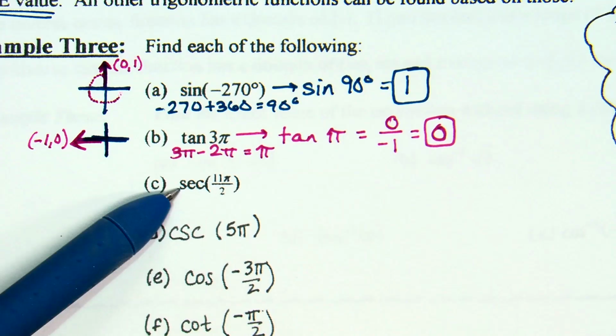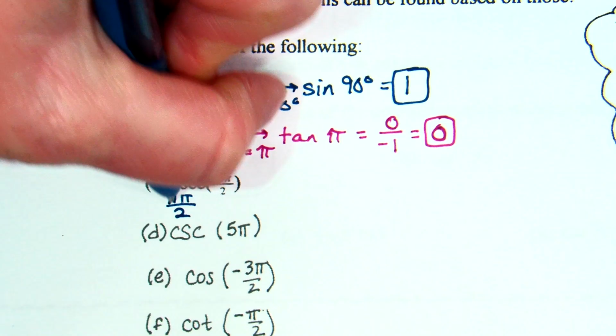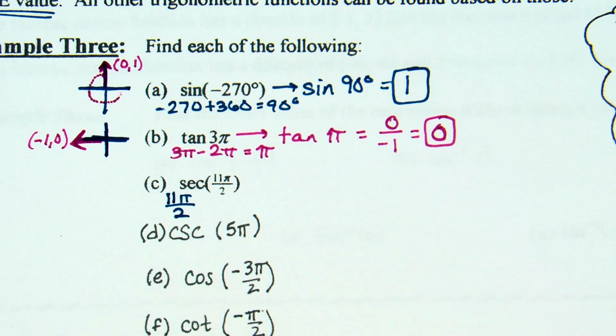It's big. Okay? It's bigger than 2 pi. So, let's make it less big. Not great math words, but you get the idea here. And you might like these words better. So, if I'm going to make 11 pi over 2 less big so I can figure out where this thing is, I'm going to subtract off 2 pi.